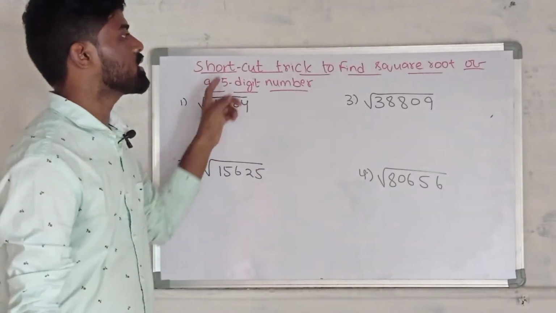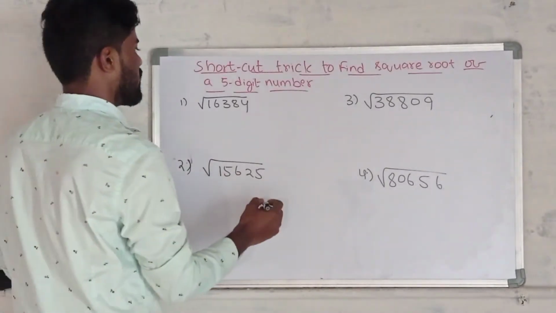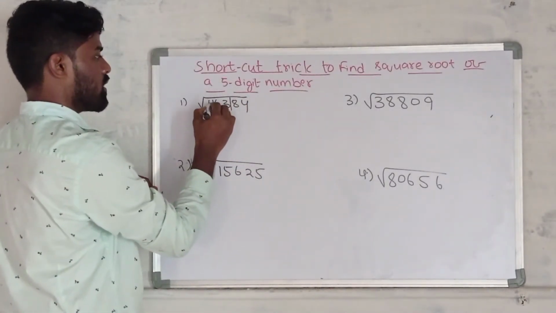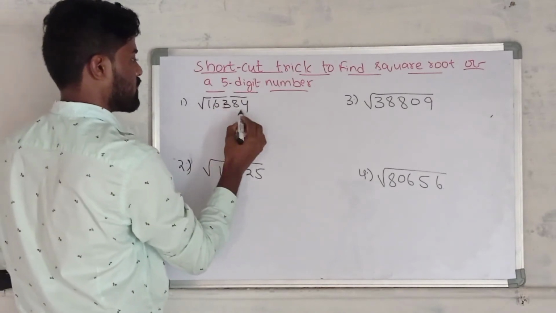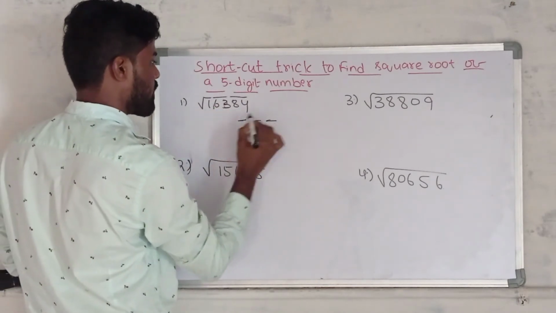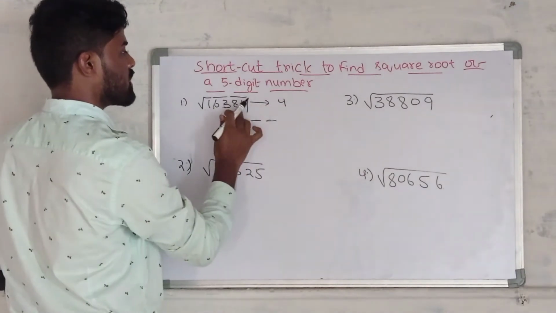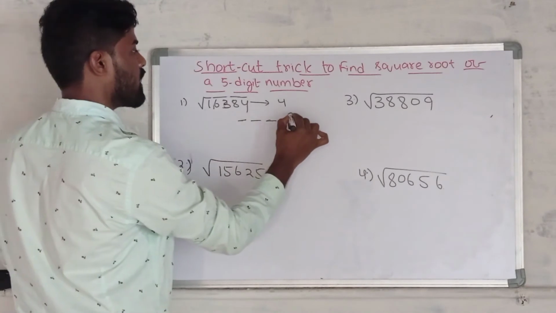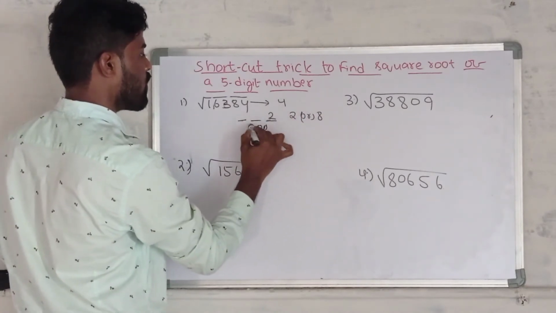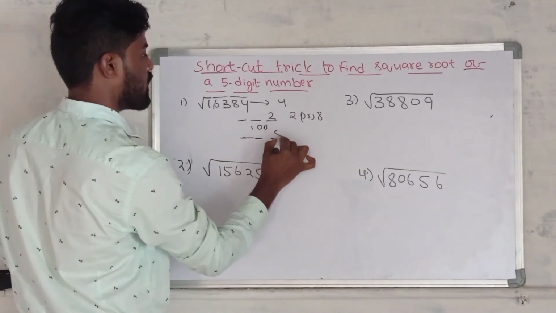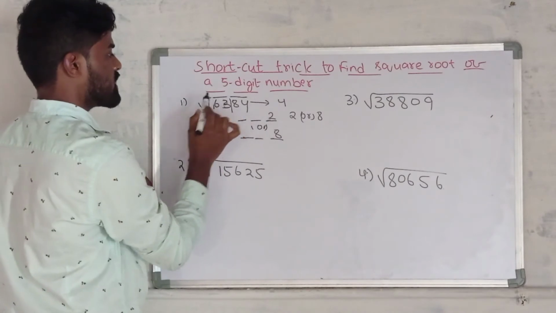Now we will see the shortcut trick to find the square root of a 5-digit number. Here we divide the number into groups. In total there are 3 groups, so our answer will be 3 digits. Here the last digit is 4, which means the square root ends with either 2 or 8. Now observe the first 3 digits, 163.